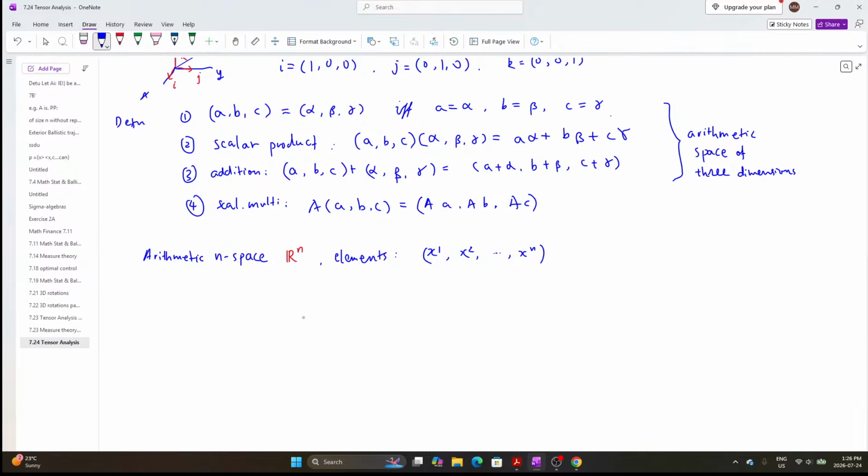In particular, you have the basis vectors. In the text, it says unit or basic vectors. For all intents and purposes, these are just the standard basis.